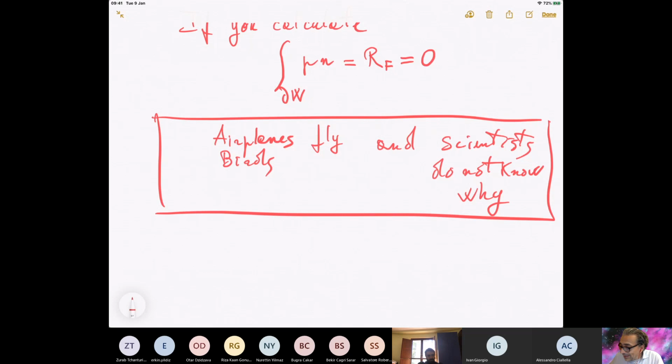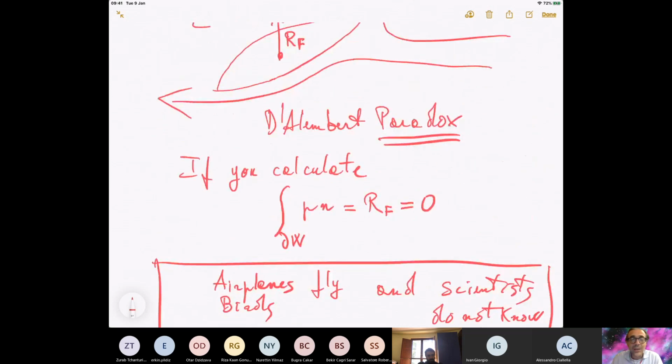Why? The D'Alembert paradox gives us a clear statement.